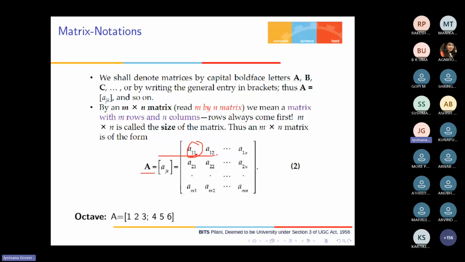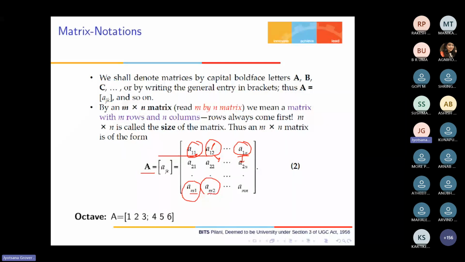Similarly, consider A12: the first index means the row, 2 means the column. Similarly, A1n: 1 means the row and n means the column, so A1n is the entry in the first row and nth column. Similarly, if you have Am1, this is the mth row and the first column. This Am2 is the entry of the mth row and the second column.